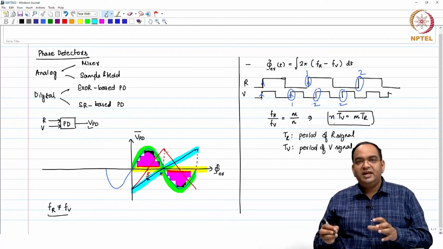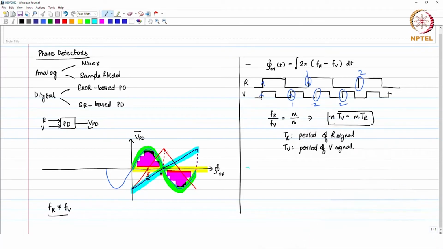Okay. So, you may see an ambiguity, but let me clear that. Previously, in the PLL where we used the phase error detector, PD and loop filter, right, with VCO, the loop filter was a type 2 loop filter and so on. The PLL was a type 2 PLL, and the assumption we had was that initially we had a frequency error.